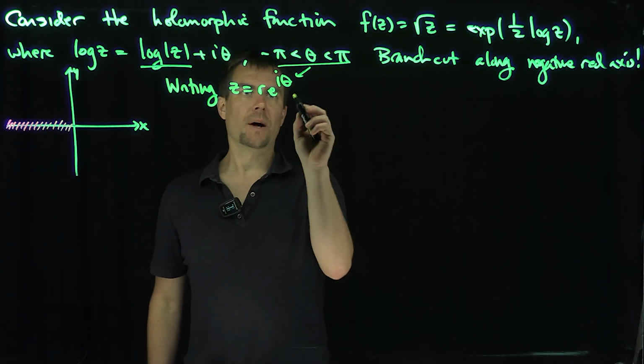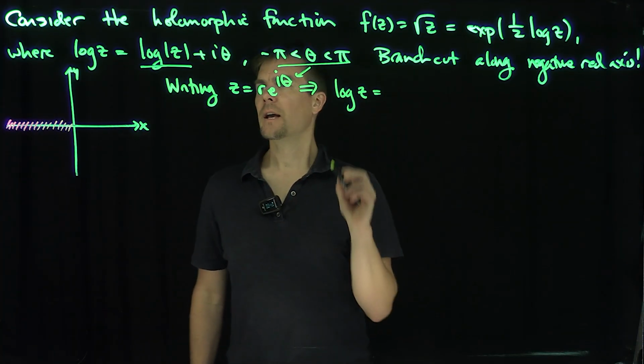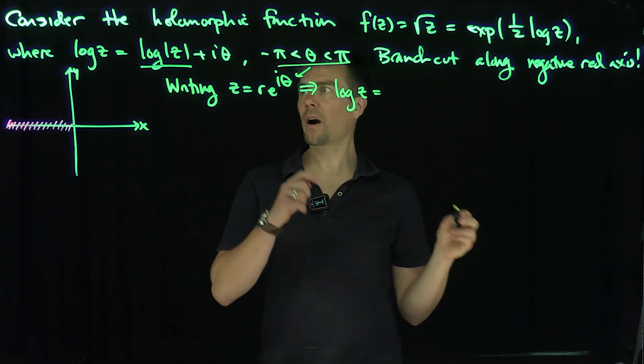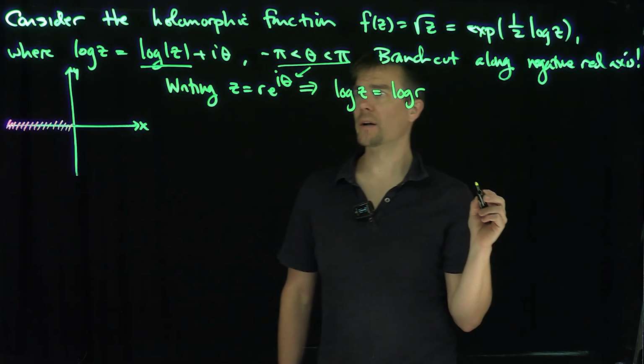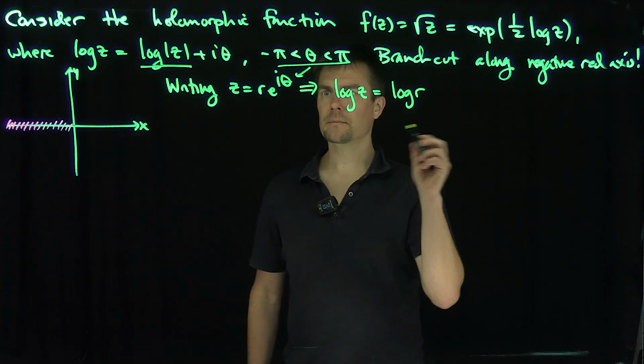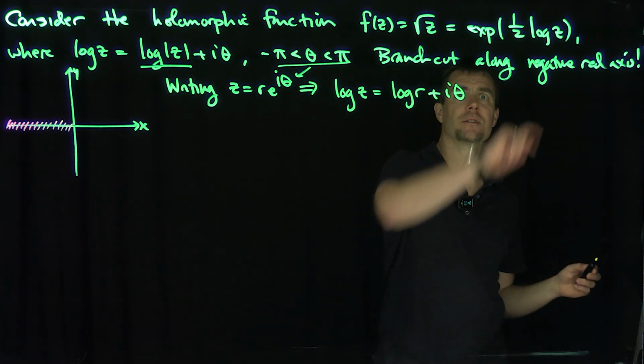Then this implies that the log of z is going to be the log of r plus i theta. Good. And now I can fill that into this formula over here.